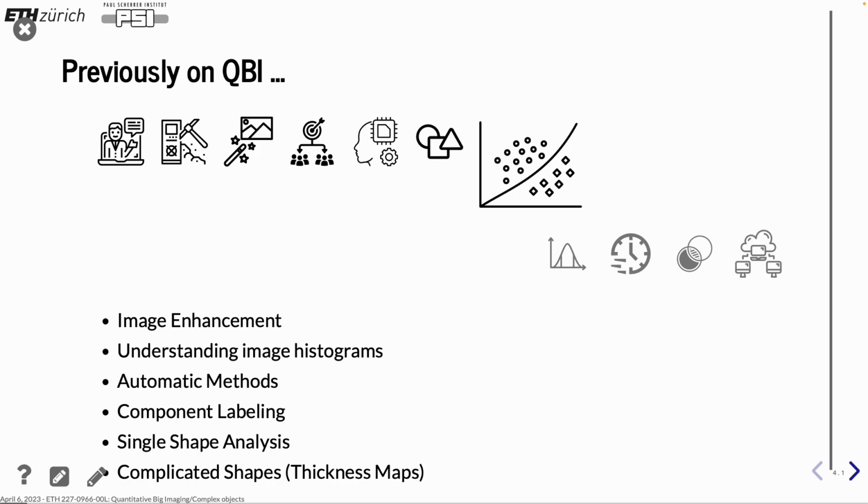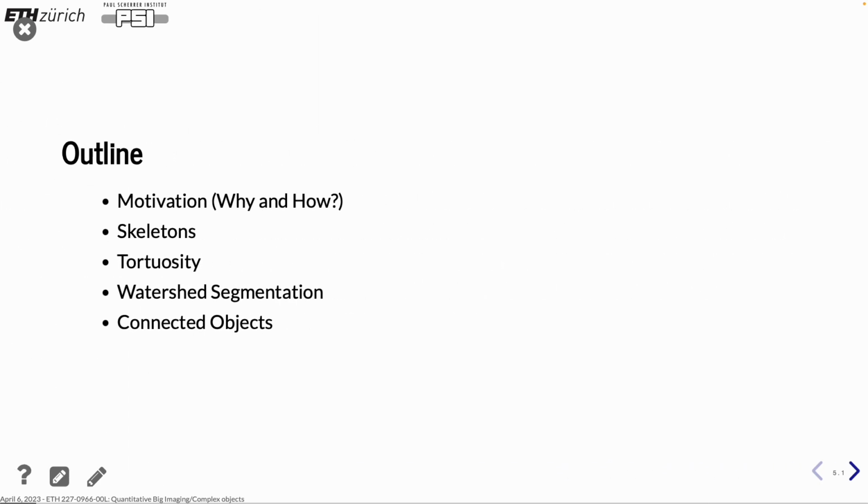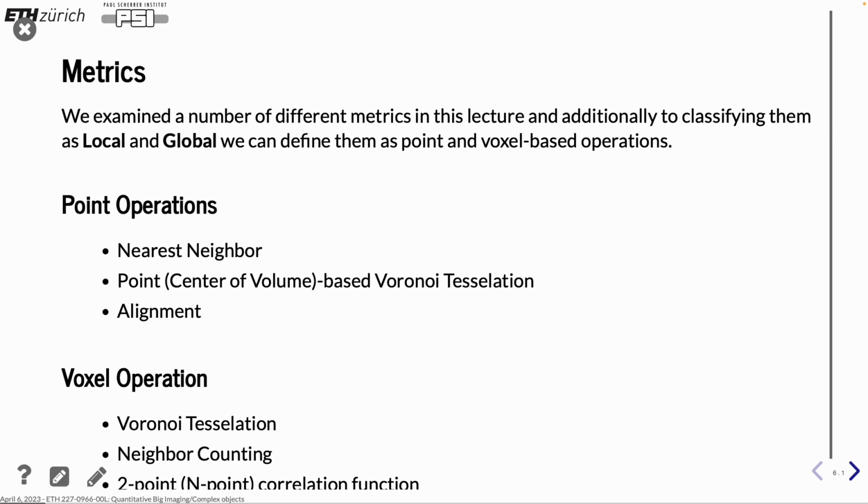can be measured. And so the things we are looking at mainly are skeletons, which brings us into the topic of tortuosity, and finally doing segmentation and looking at connected objects in the segmentation. And we have some different kinds of metrics when we are looking at our data. We can look at different point operations, looking at nearest neighbors to see how objects come together.